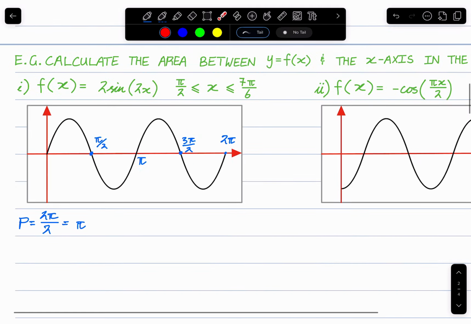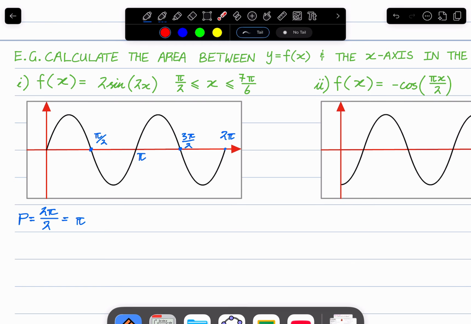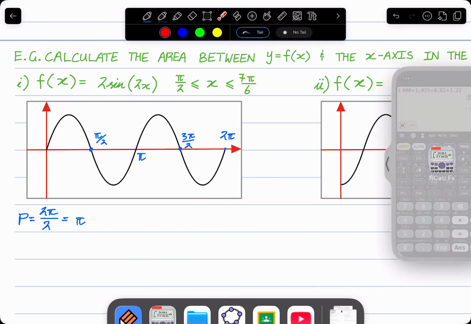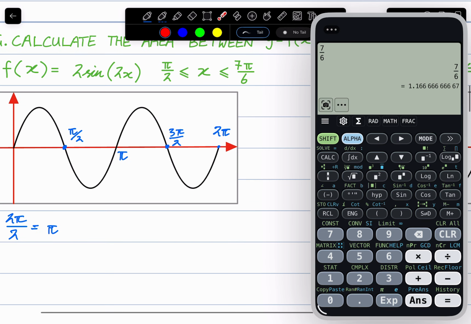So this question is asking us to find the area from pi on 2, so here, up until 7 pi on 6. That's an interesting location to find. 7 pi on 6 is a bit over 1. So if I want to graph that, 7 on 6 is 1.16.